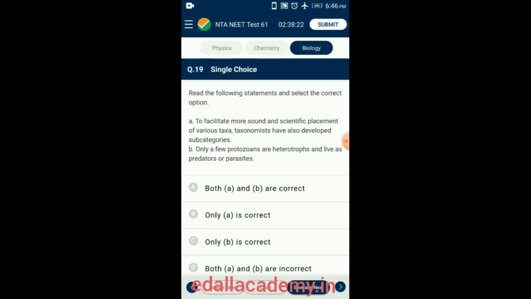Protozoans are basically free living and often found in freshwater, brackish water, or saltwater. Parasitic and symbiotic protozoans are also present and they live within other organisms. So the answer for this question is option B. Only A is correct from the given two statements.